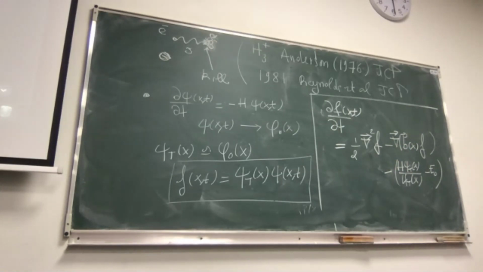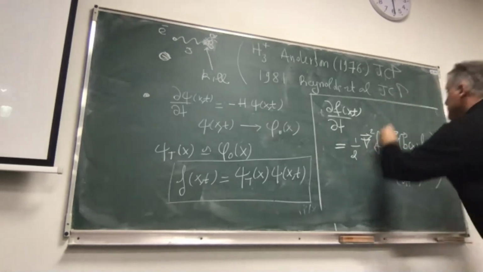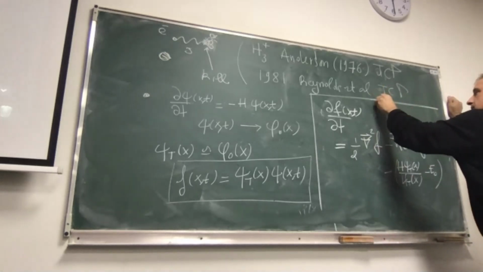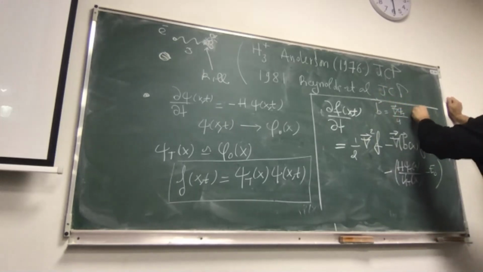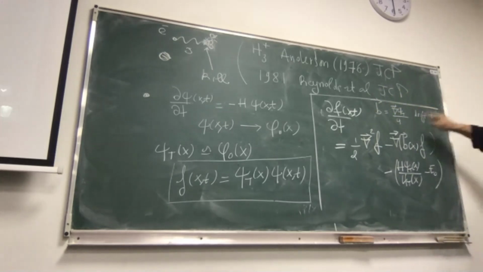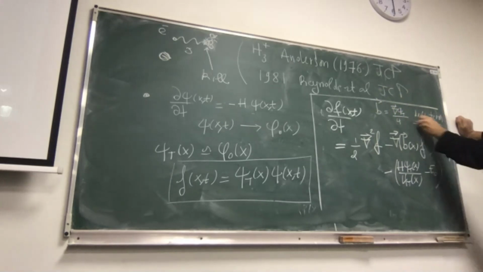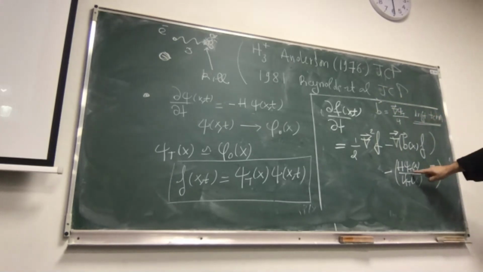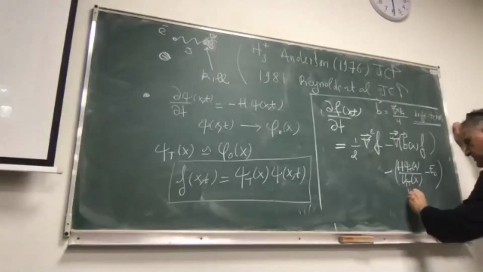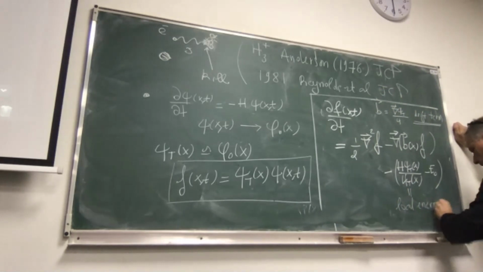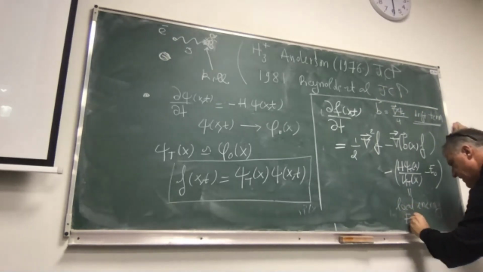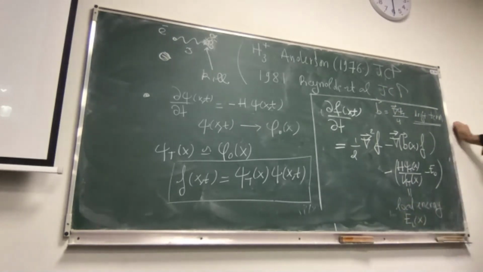It's exactly the same structure, except that you have a new term here. B is a drift term, which is defined as gradient of psi t over psi t, drift term, which is central in QMC methods. And this is called the local energy. We call it usually E_L of x, local energy.